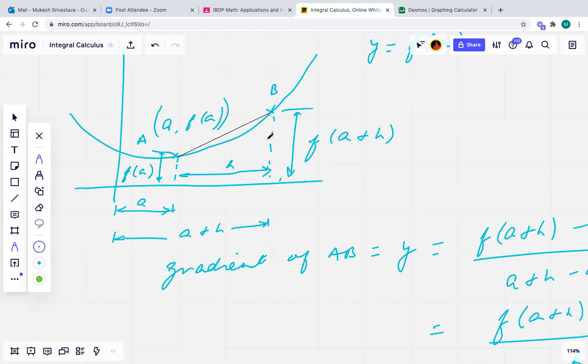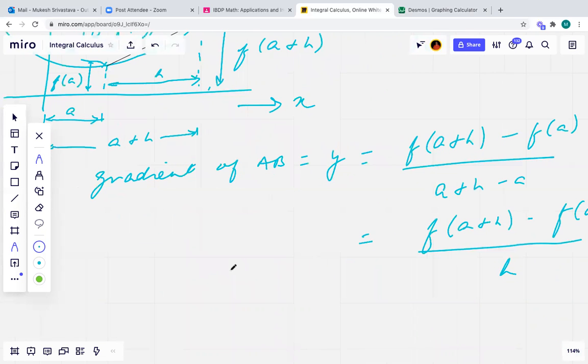Which means the change in x. The change in the x value. Okay, x is here, y is here. So h is the change in x value. Is that clear?